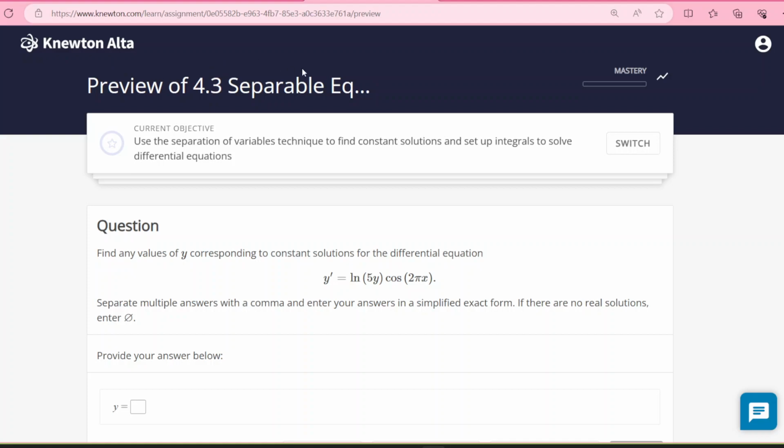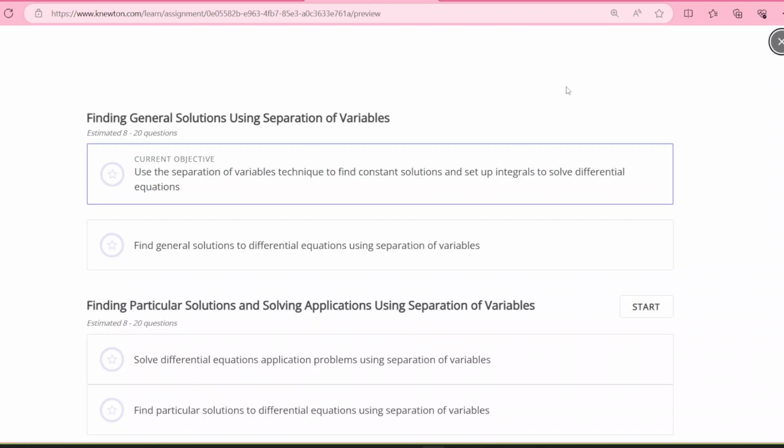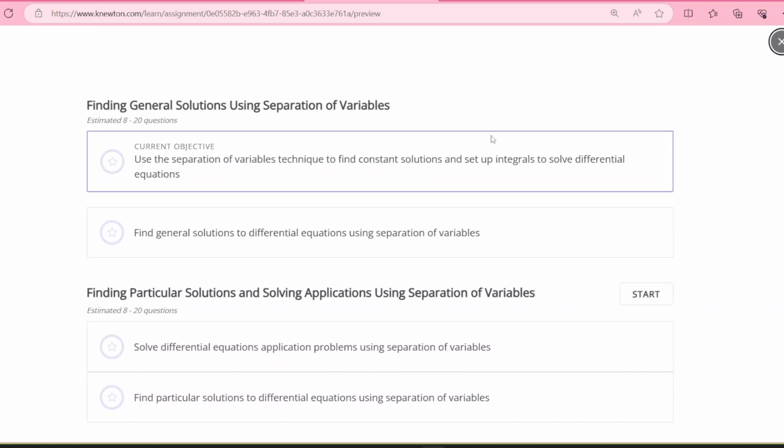Got the title in the upper left-hand corner, got your mastery bar in the upper right-hand corner telling you how far along you've gotten, the activity log showing you how far you've gotten in each objective, and I have it toggled on to where you can switch between the bold heading objectives, not the individual ones, but I could start this section finding particular solutions and solving applications using separation of variables. I could start that anytime I wanted, but I'm not going to do that.